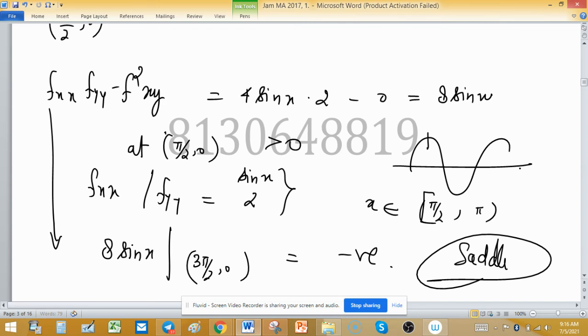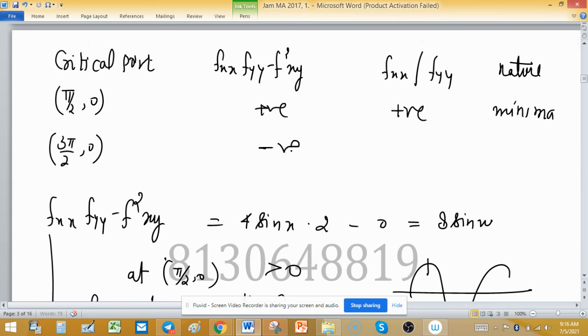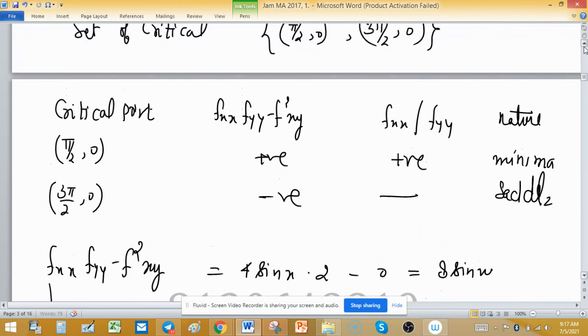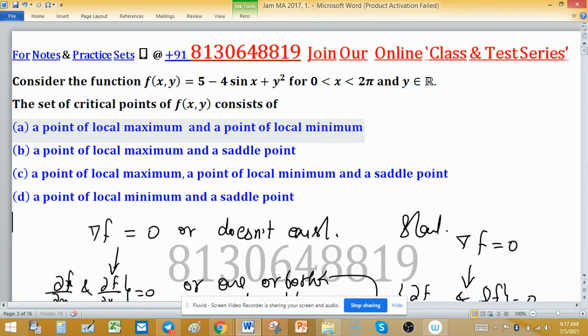There is no need to check the sign of fxx or fyy. So we have two critical points, one a point of minima and the other a saddle.